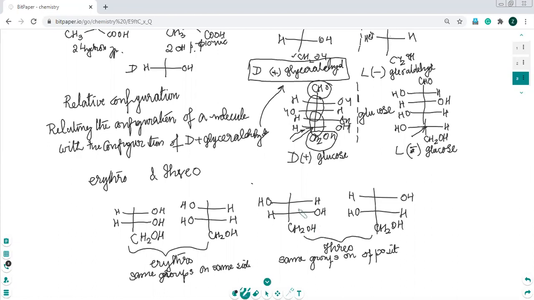So you have to consider only the first two carbons. That's a disadvantage of this relative configuration. So you have D, L, small d, small l, erythro and threo.